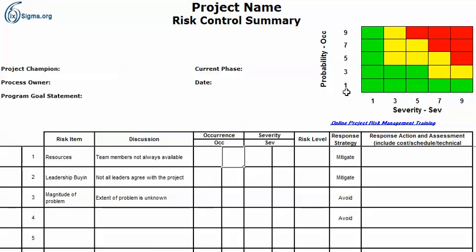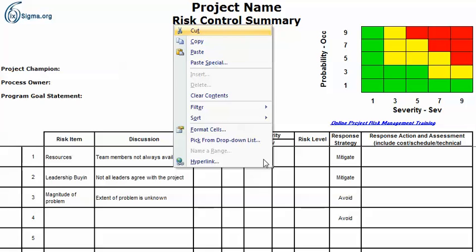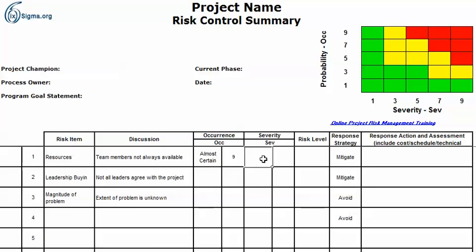It is subjective, but it is an attempt to sort of quantify the extent to which resources won't be available and how likely that is to occur. So let's just say that it is very likely because people are busy and they've already told the team lead that they're not going to always be available, for example. So I'm just going to key a 9 in there, and you'll see here that it automatically picks up that it's almost certain, which is what this would indicate.